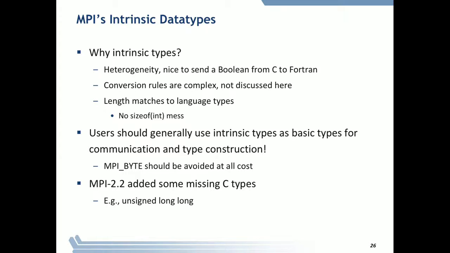So this slide again just says what the basic data types are. One thing to note is MPI supports all the basic data types that are defined in the language. Whatever is there in C99 or a later version of C, all of them have their equivalents in MPI.